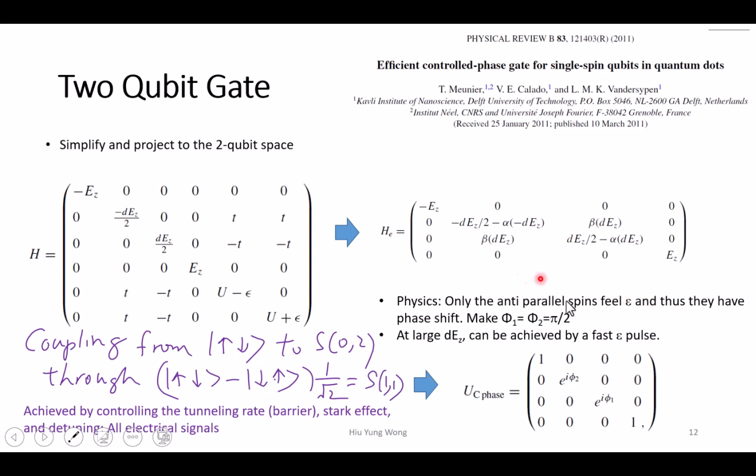And then you project to only the original states, so this is again up, up, up, down, down, up, and down, down. So now we go back to our computational basis, and we forget all these bases that we don't want to compute. It becomes a matrix like this. And if you have a large delta EZ, and if the epsilon, the detuning potential, you apply very fast, then you will be able to form this.